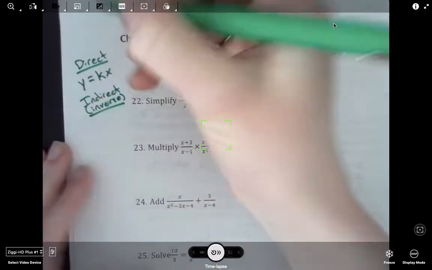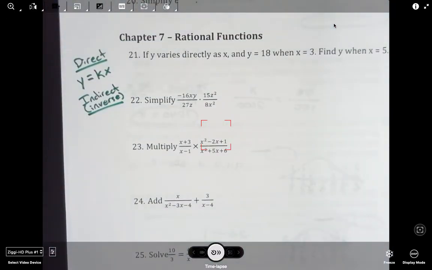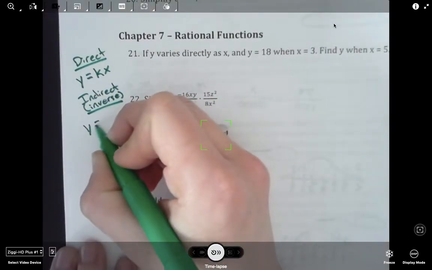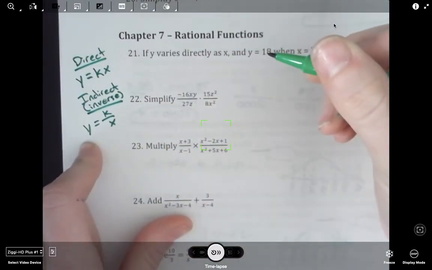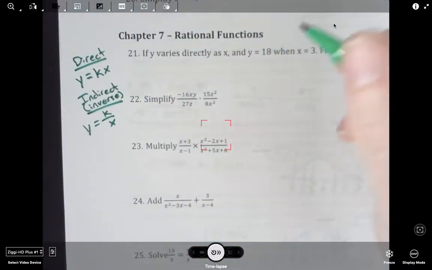They're directly related. Whatever happens to X happens to Y, right? If X goes up, then Y is going to go up. If they're indirect, meaning they're opposite, then y equals K divided by X. So if X is going up, Y is actually going down. That's what an indirect would look like, okay?